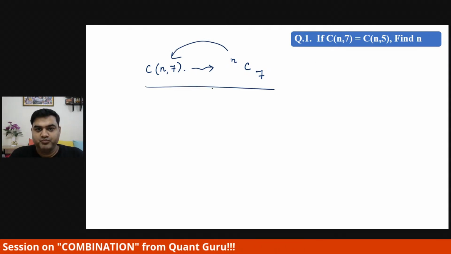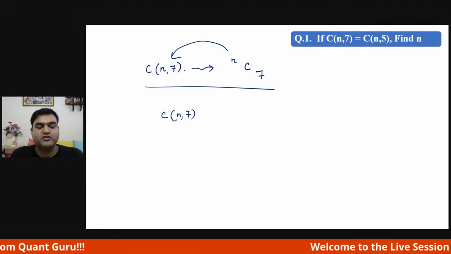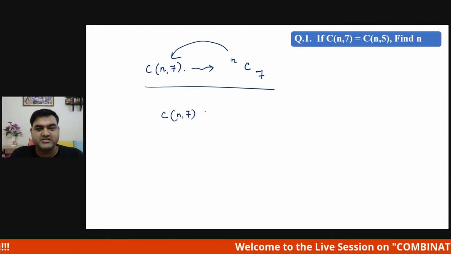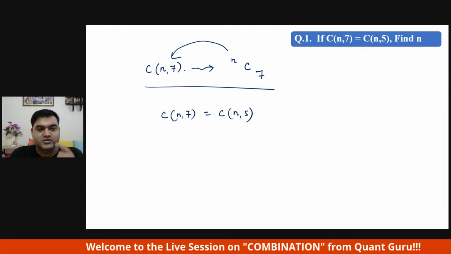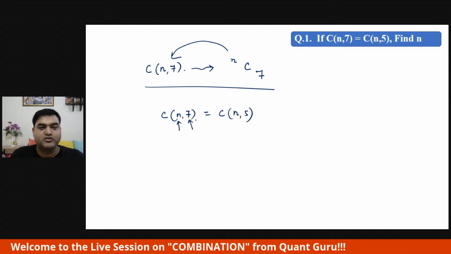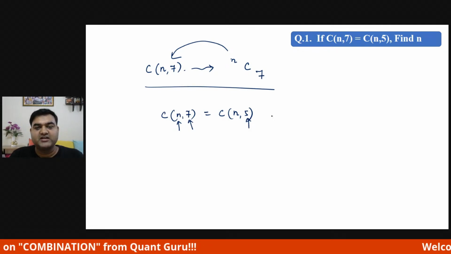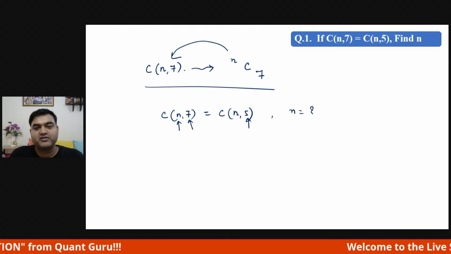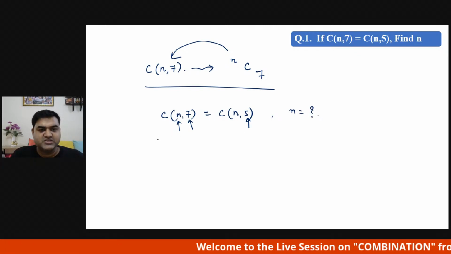What they have given: combination of n and 7 is equal to combination of n and this other value. So this is the value of n and this is the value of r, my dear friend. These two are equal. Then they are telling us to find the value of n. So let's write it in combination form, nCr.